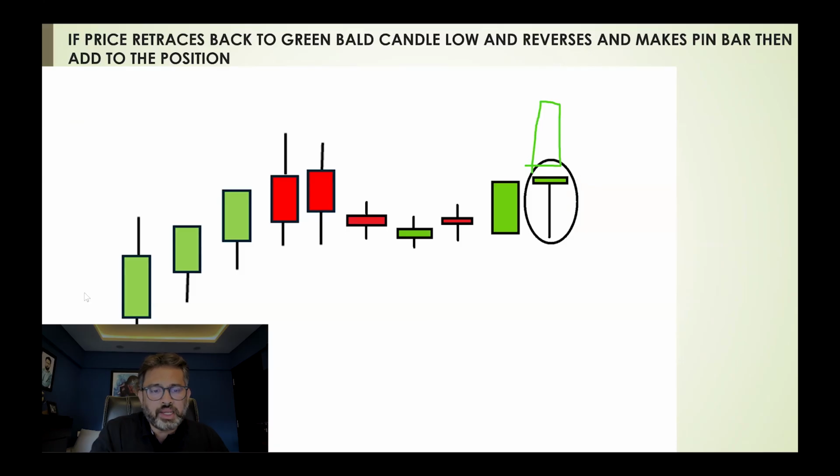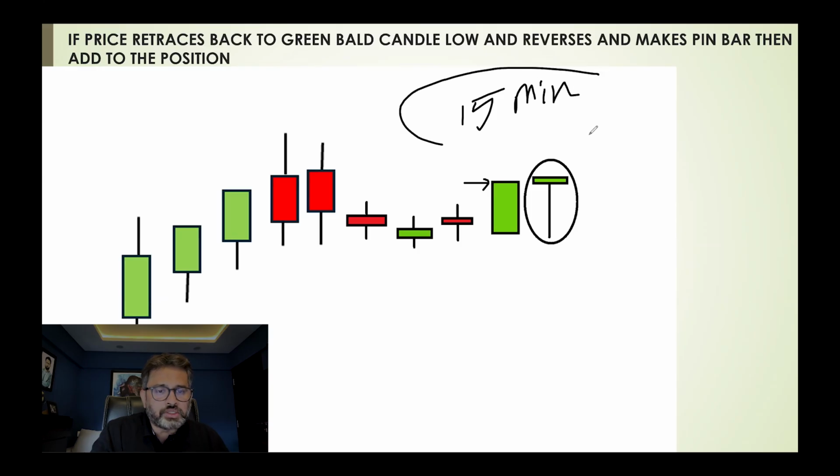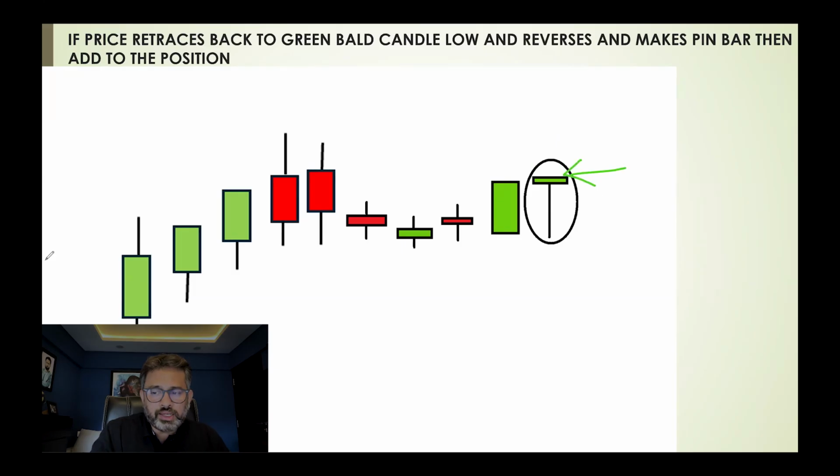Instead, it starts making a red candle, and when it comes down and once it comes to the low of this bold candle, most of the time an immediate reversal can happen and it can make a bullish pin bar like this. Okay. And the time frame is 15 minutes. Okay. 15 minutes candlestick, not 5 minutes. Okay. So I add here, and if I see that the next candle is not a bullish candle, rather it is going down and then it converts into a pin bar, I'll add here. Okay. Then I'll keep my stop loss below that green candle or below the pin bar. So that is the setup here.